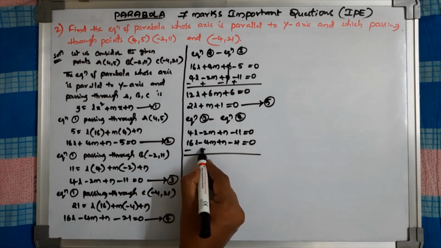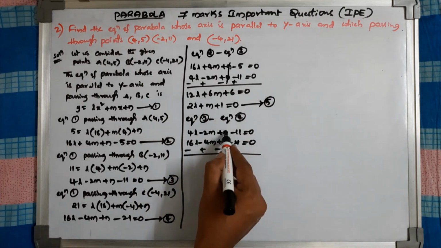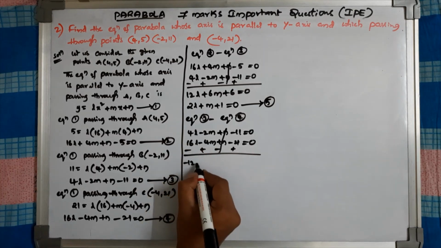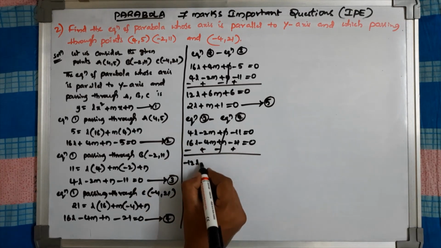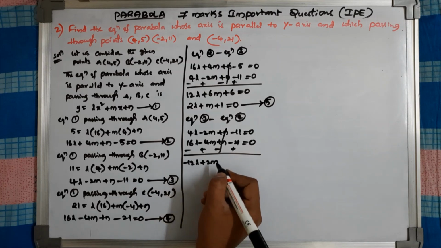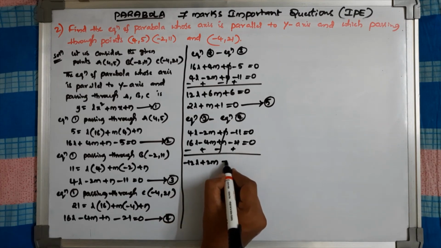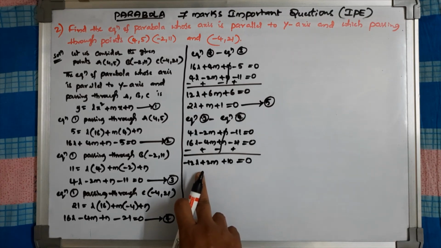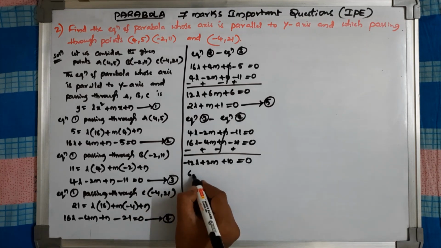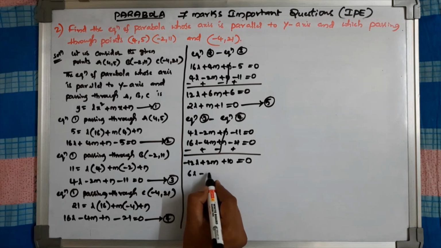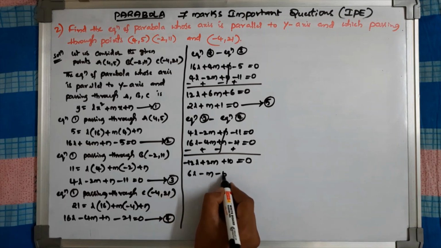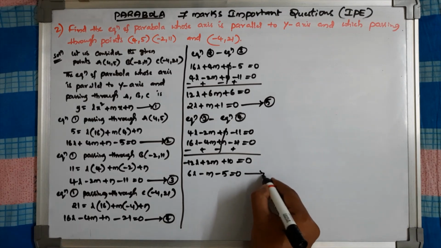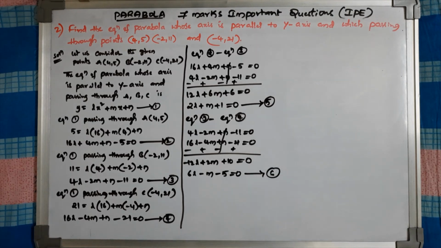Subtract, so N and N cancel. 4L - 16L = -12L, plus 2M, plus 10 = 0. Taking -2 common, 6L - M - 5 = 0. Consider this one as the sixth equation.